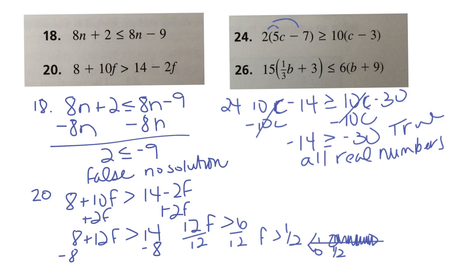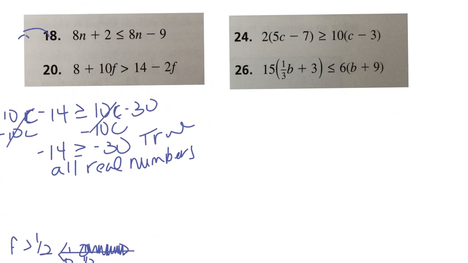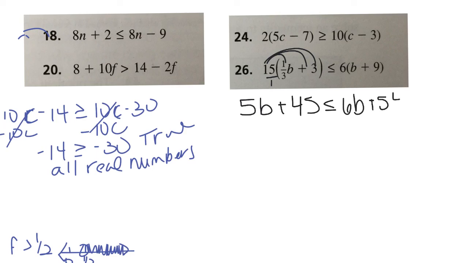Okay, and lastly, number 26, which I just did, but I wasn't recording. So we're going to distribute the 15. We get 15 times 1/3, put a 1 underneath the 15. I get 15 over 3, which is 5b, plus 15 times 3 is 45, less than or equal to 6b plus 54. And we're going to minus the 6b.